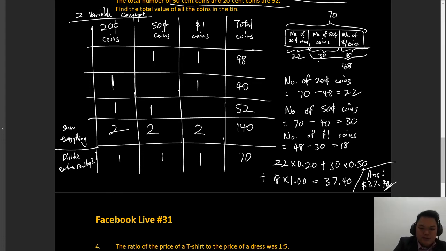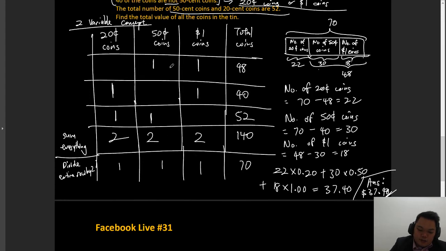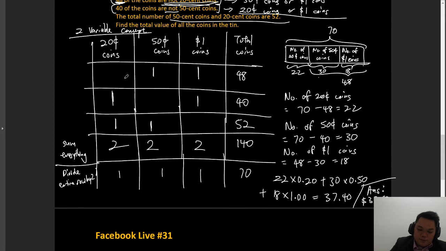Pretty good. Okay, the main idea is you want to define out your number of 50-cent coins. You got one copy of your 50-cent, one copy of your $1, total is 48. Same thing for your 20-cent coins and $1 coins, they add up to 40 coins in total. One copy of 20-cent, one copy of 50-cent, they all add up to 52 in total.